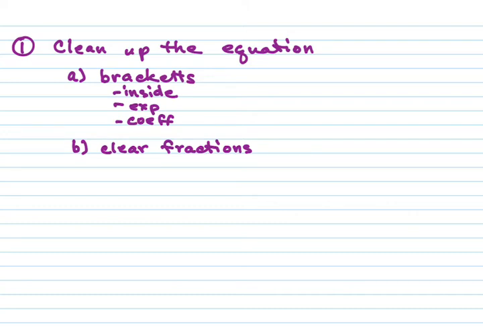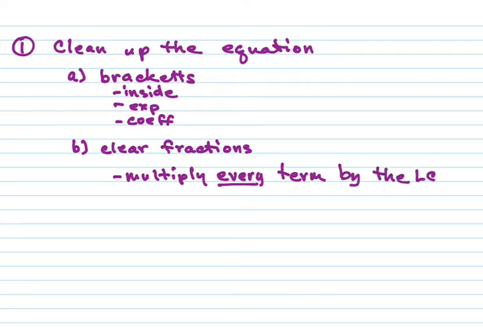But when I'm clearing the fractions, what does the fraction bar actually indicate? What operation? Division. And what is the opposite of division? Multiplication. So we're going to use multiplication to get rid of that division. Well, and so what we're going to do is multiply every term by the LCD.